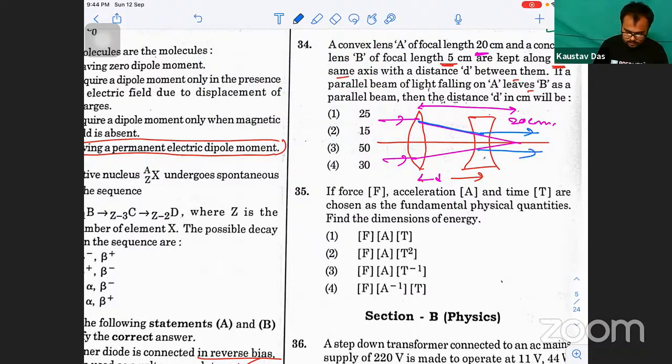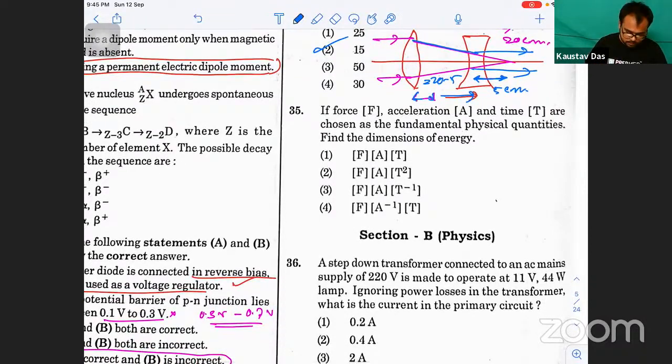So basically, this distance is the focal length of your concave lens, which is 5 centimeter. To get the distance between the two lenses, you subtract 20 minus 5, and you get the answer as 15 centimeter, which is our correct answer. Option number 2 will be the correct answer for this case.